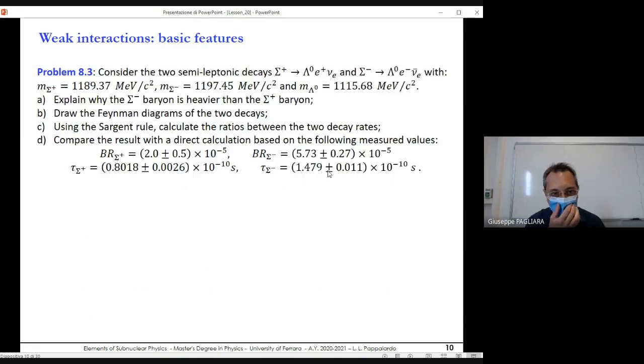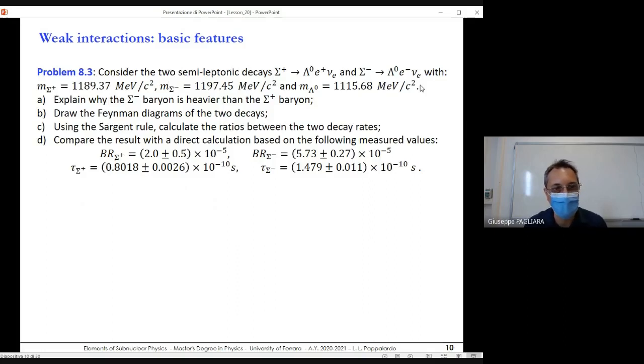Okay, let's do now an exercise. This is about semi-leptonic decays. So consider two semi-leptonic decays, the sigma plus that goes into lambda 0, positron, electron neutrino, and the sigma minus that goes into lambda 0, electron, and anti-electron anti-neutrino. And you know now the masses of the sigma plus, the sigma minus, and of the lambda.